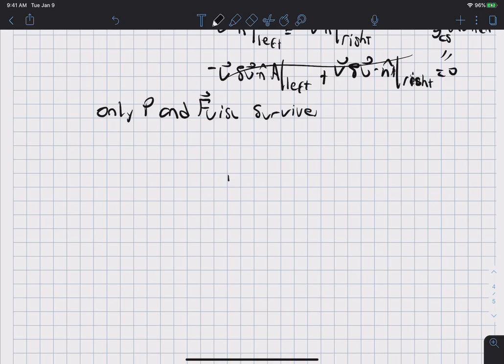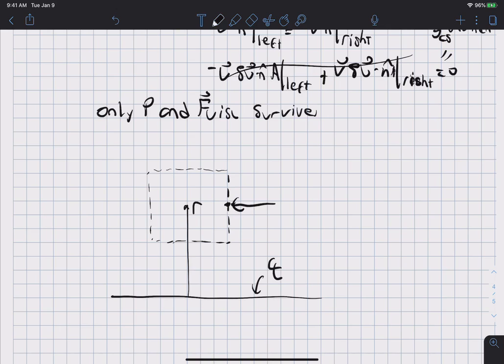Now remember, this is an annulus, so I'm just drawing the top part of it, and that's R. This is the center line down here. On this side, I'll have pressure pushing to the left, and so that'll be P at x plus delta x over 2.